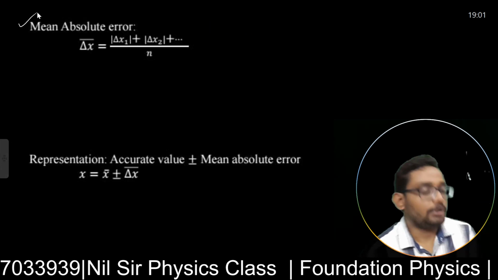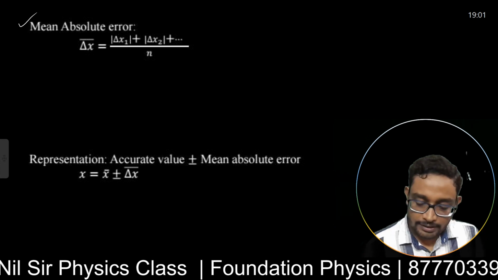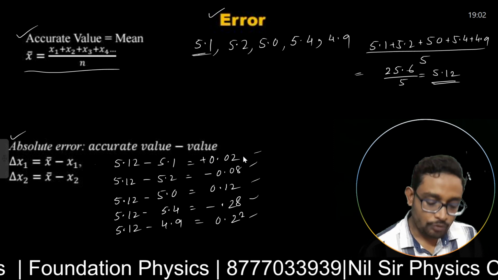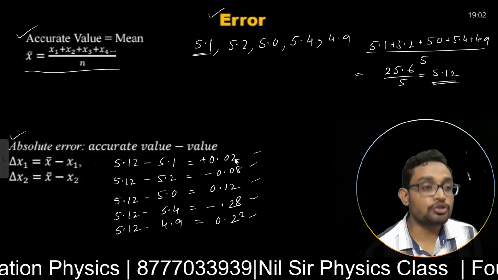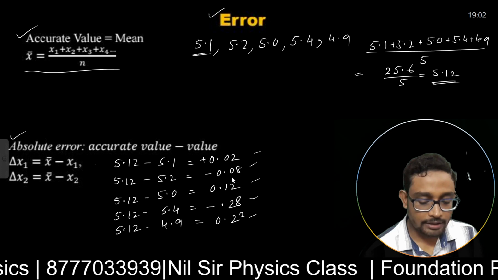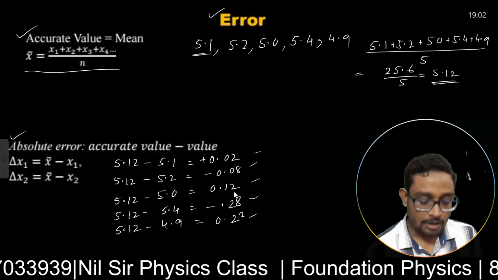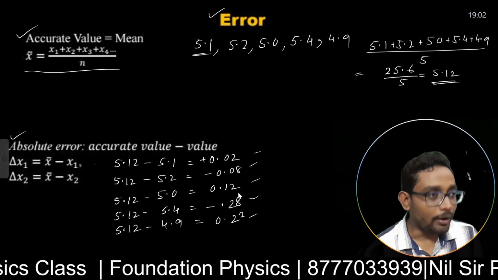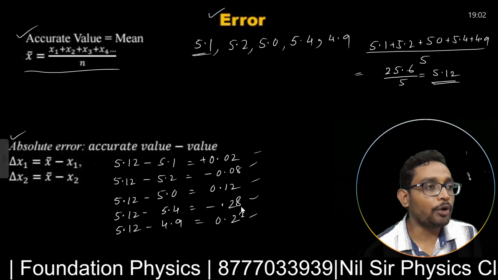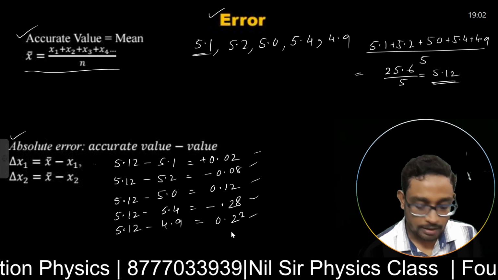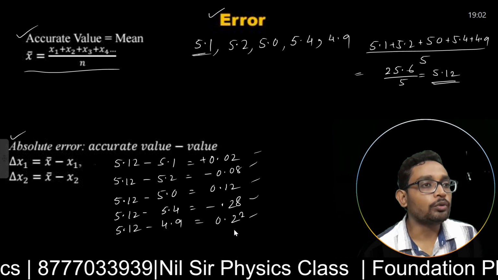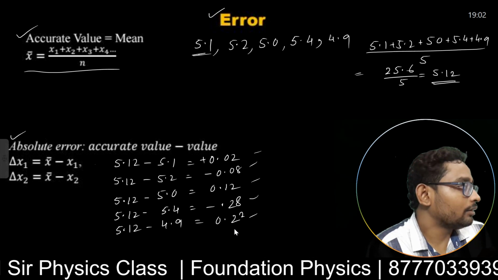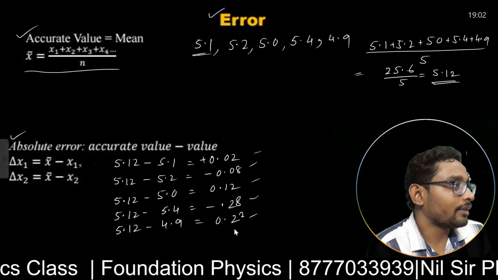Now, mean absolute error. You can see your error is also spread, right? First time you got the error 0.02, second time minus 0.08, third time 0.12, fourth time minus 0.28, and fifth time plus 0.22. So what is the mean error?